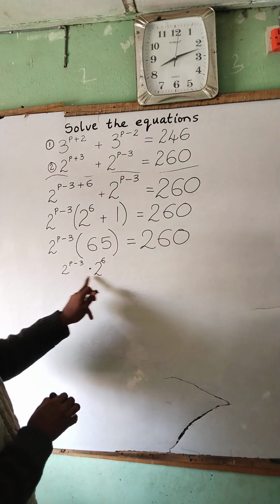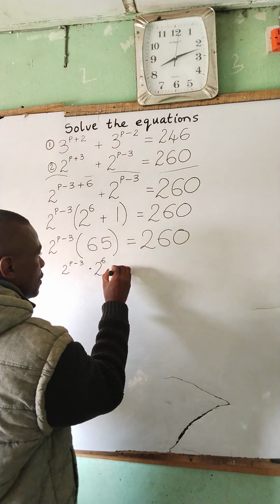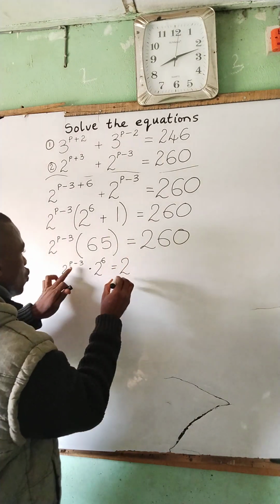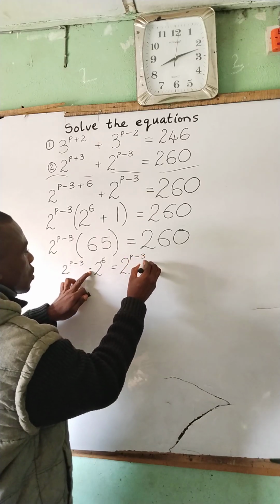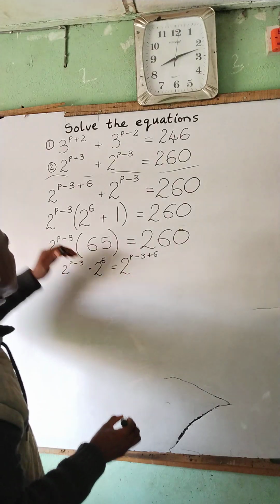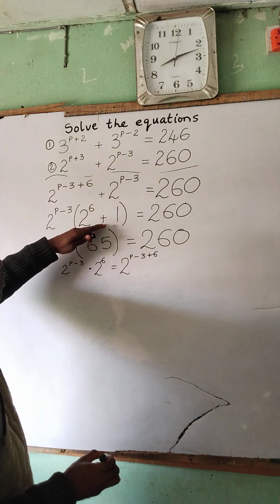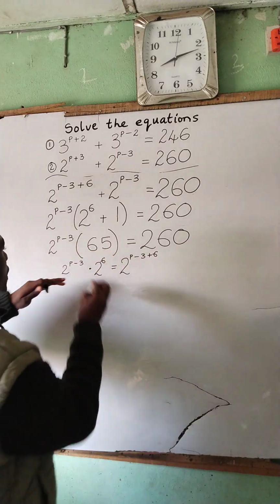When you look at this, you observe that the bases are the same. When I pick one of the bases, it will be 2 to power p minus 3, then because of the multiplication, I will add 6. So that is the concept that I applied here, so you don't have to be confused.